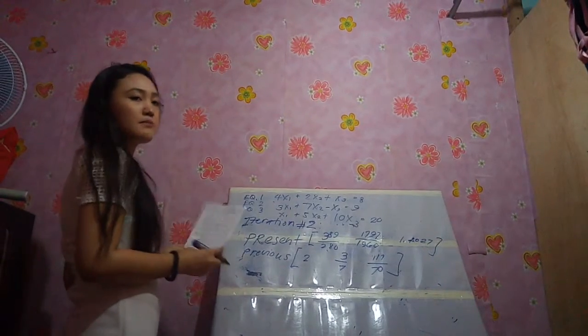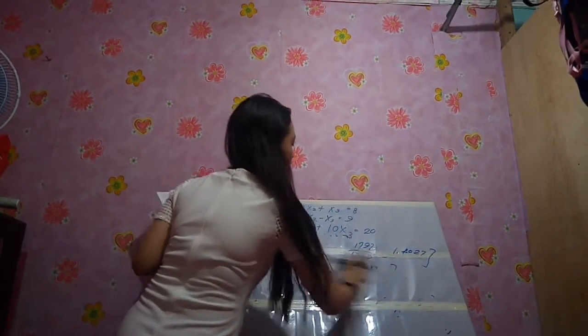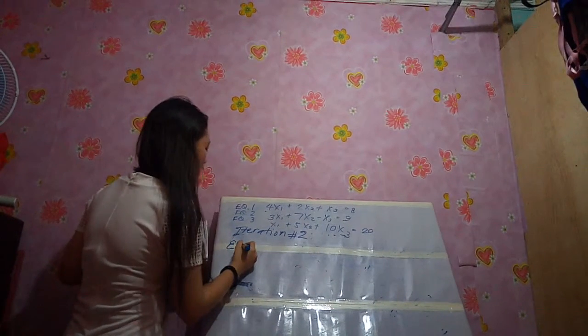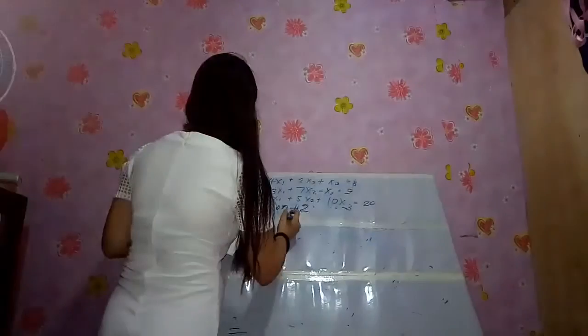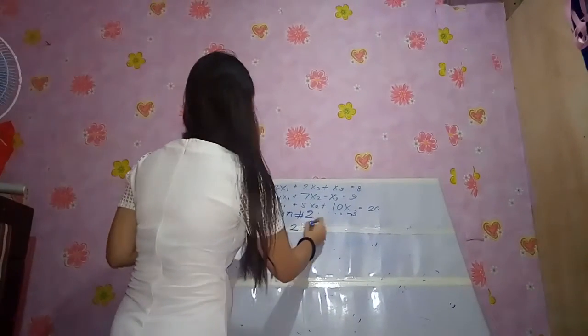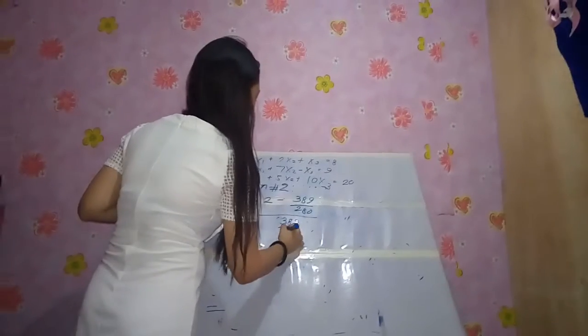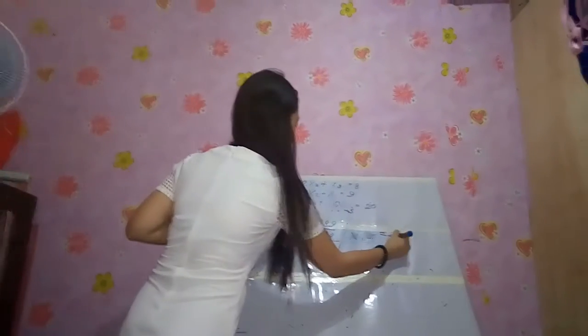For this iteration number 2, we will also get its relative approximation errors for the values of x1 to x3 we have obtained. So, for relative approximation for equation number 1, we have the true value of 2 minus the actual value, which is 389 over 280, all over 389 over 280 times 100, which is 48.96%.